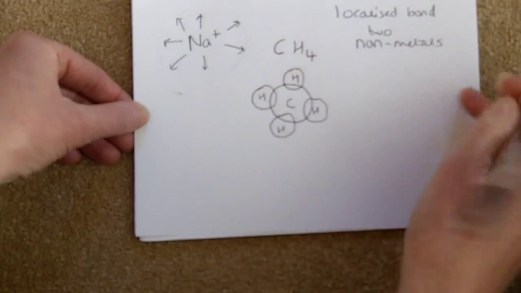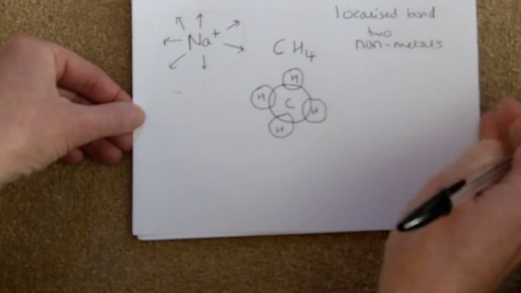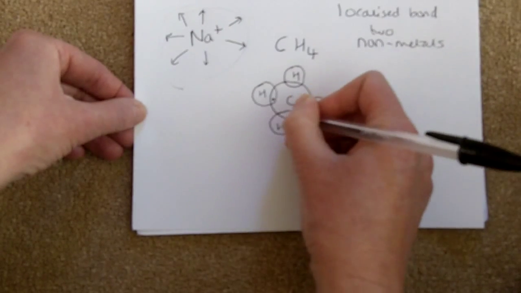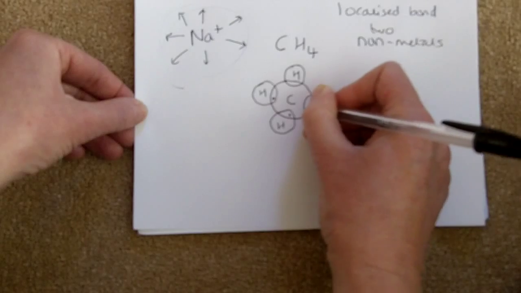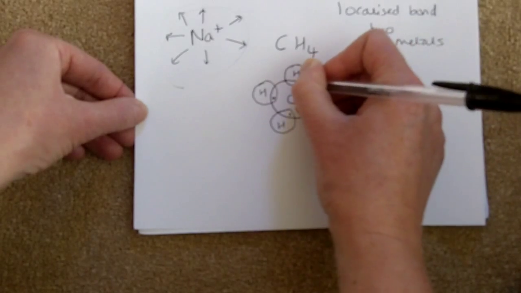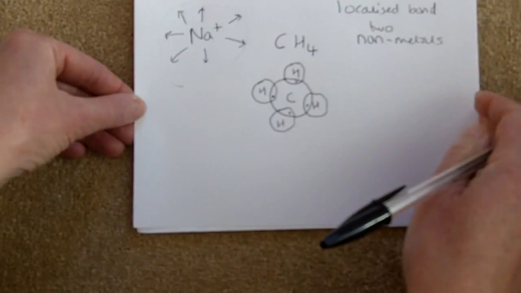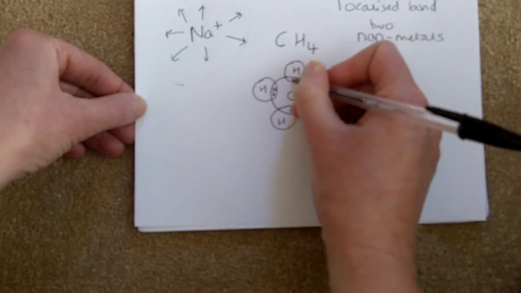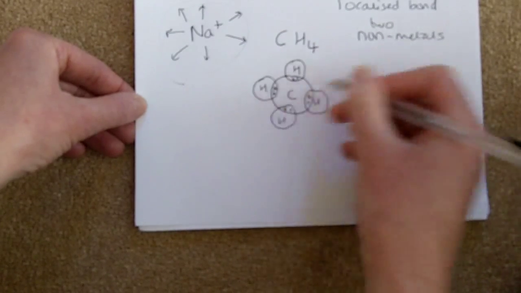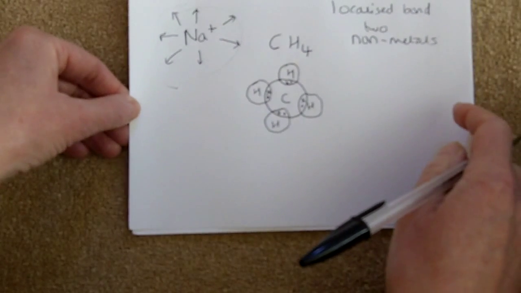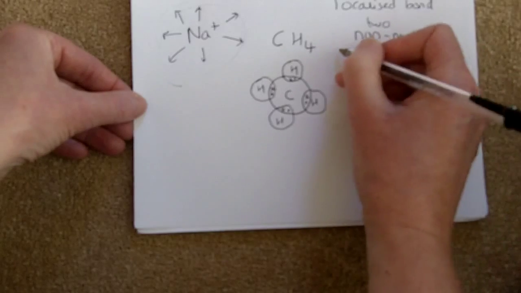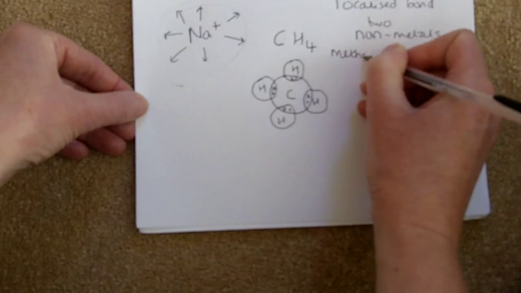Hydrogen is in group 1, so hydrogen I'm going to call dots. Doesn't matter if you call it dots or crosses as long as they're different. So 1 electron, because hydrogen is in group 1, carbon's in group 4, so 1, 2, 3, 4. And that's the dot and cross diagram for methane, CH4.